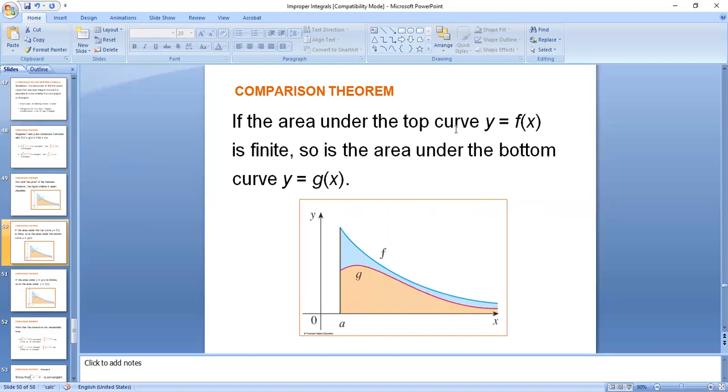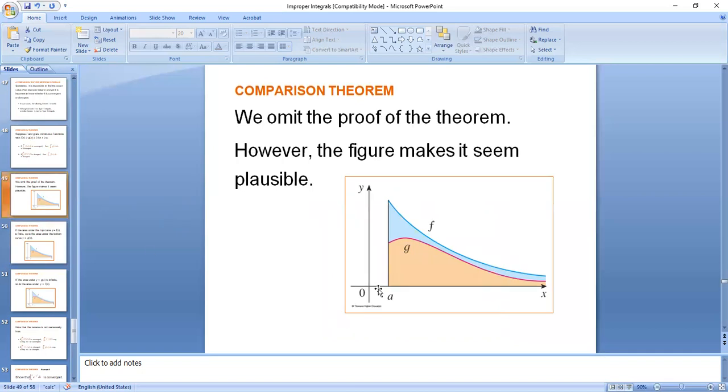If the area under the top curve, y equal to the function f of x, is finite, so is the area under the bottom curve, which is g of x. It's just an extension of what I've explained here.